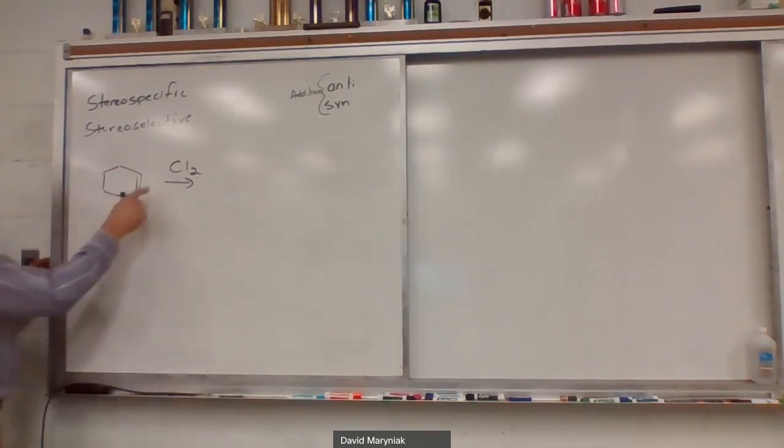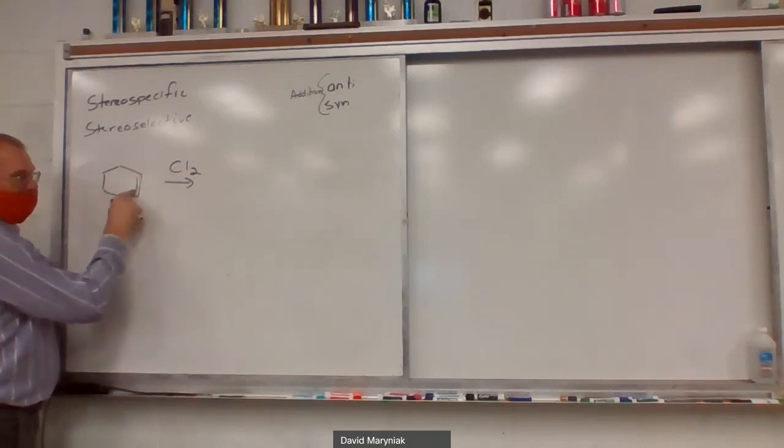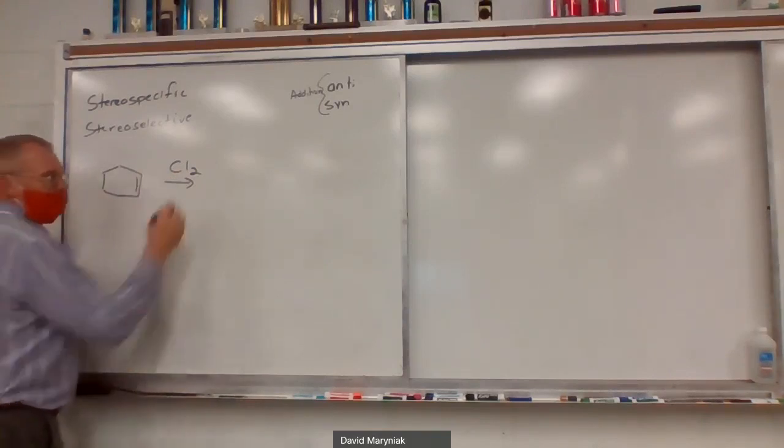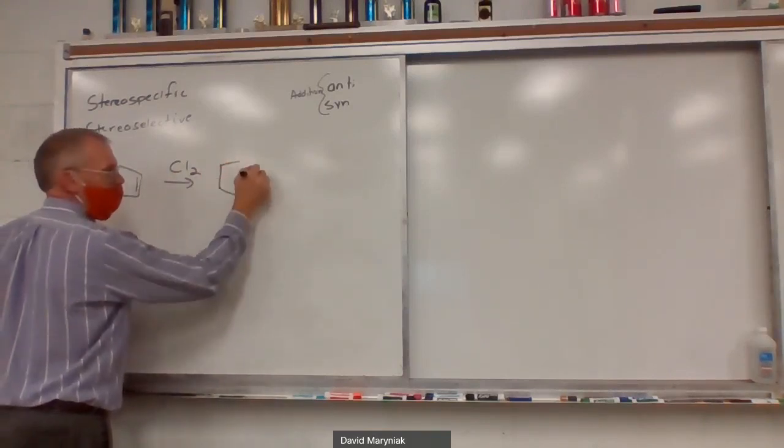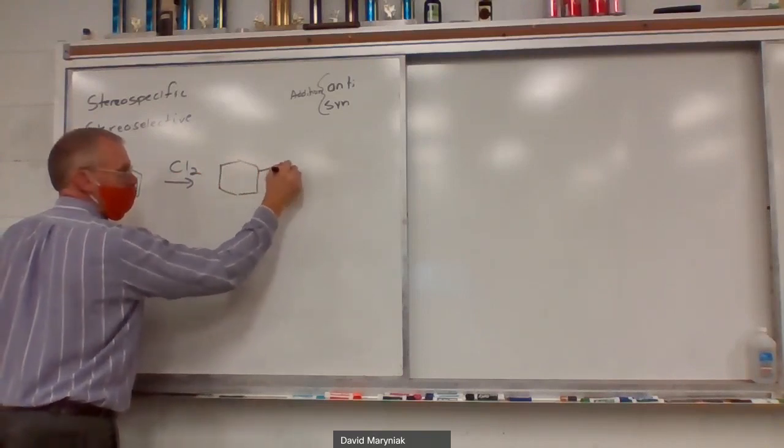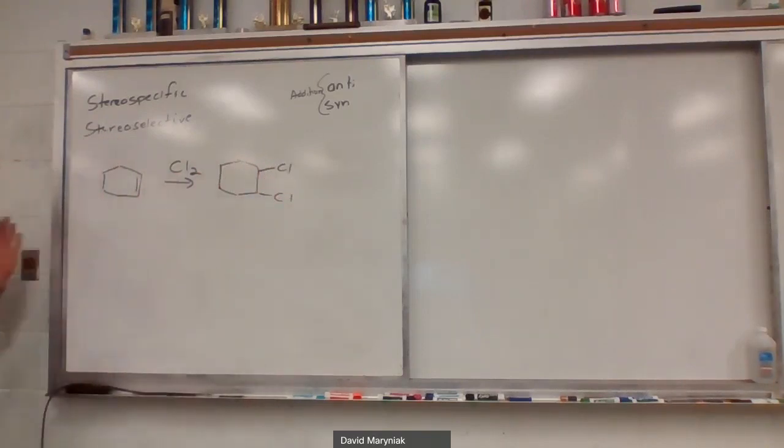So first off, we've got to know this adds to an ene. And that's what we're going to get without any stereochemistry consideration. And that's the most important thing to understand. Enes do addition, that's what we're going to get.